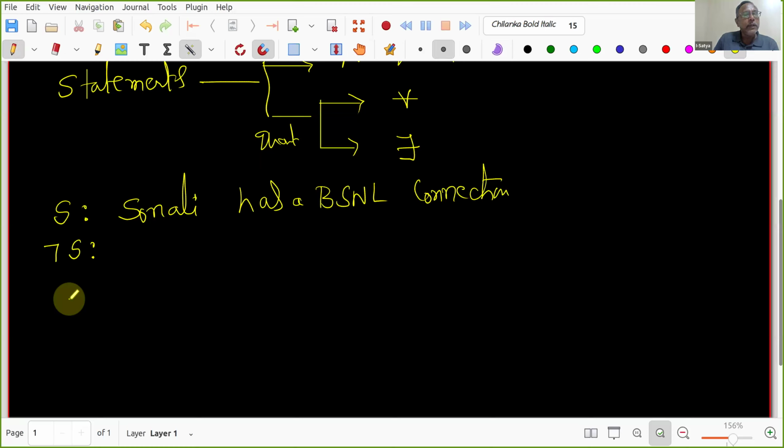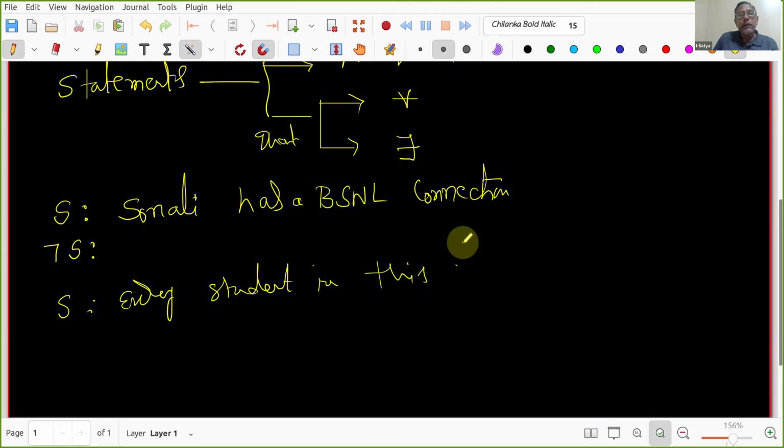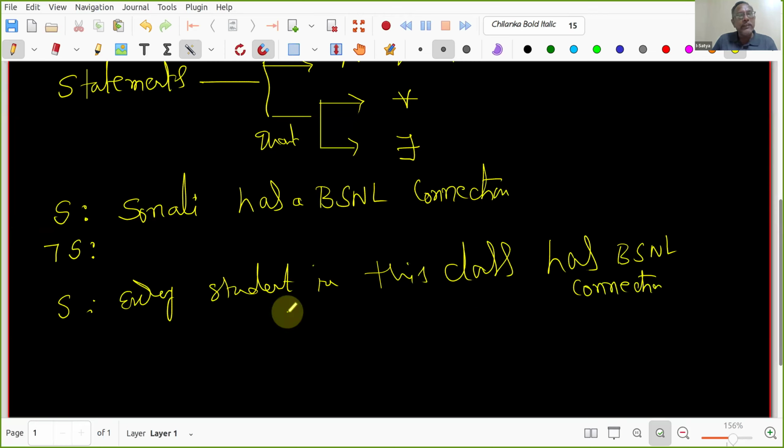Now the other statement: every student in this class has a BSNL connection. When is this going to be true?